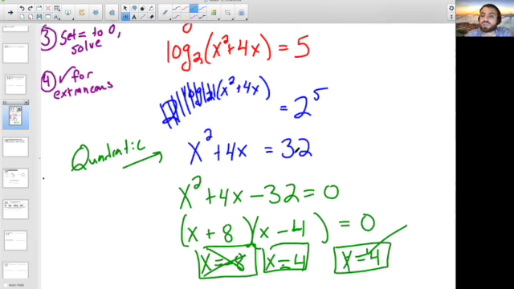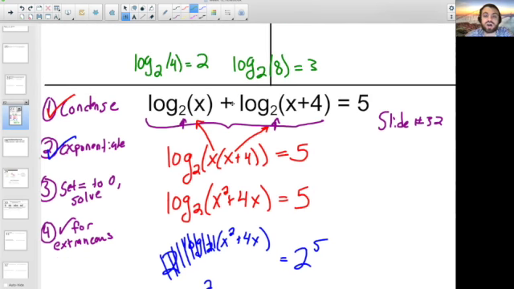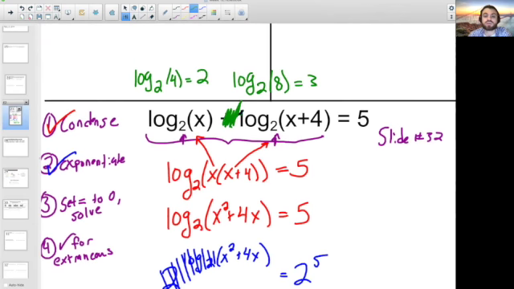If this one wasn't here, and it was just log base 2 of x equals 5, remember, that would have one solution. If I covered up the other stuff, this would have one solution. So individually, they have one solution, but when you combine them, you create something with 2 solutions. So that's where the extraneous tends to pop up.